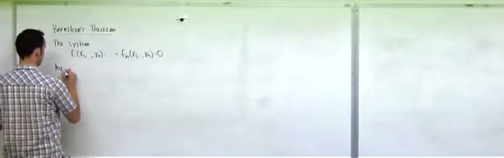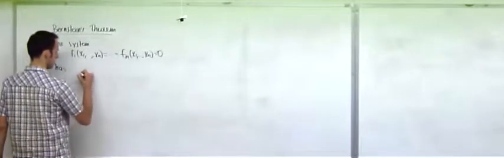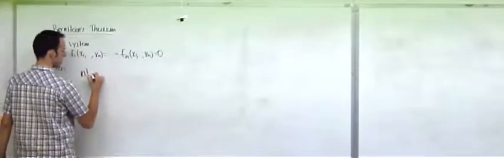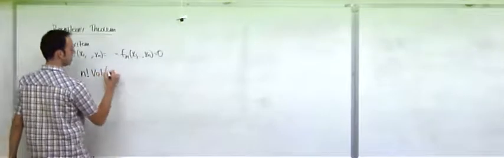And the theorem says that the number of solutions is n factorial times the mixed volume of the Newton polytopes.